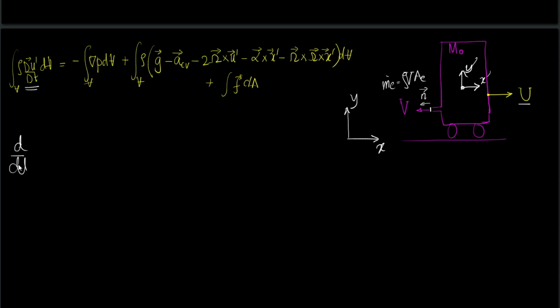This is going to be d/dt of the integral of rho u dV, or rather rho u prime, plus the integral of rho u prime u prime dot n dA, and the right hand side remains constant.